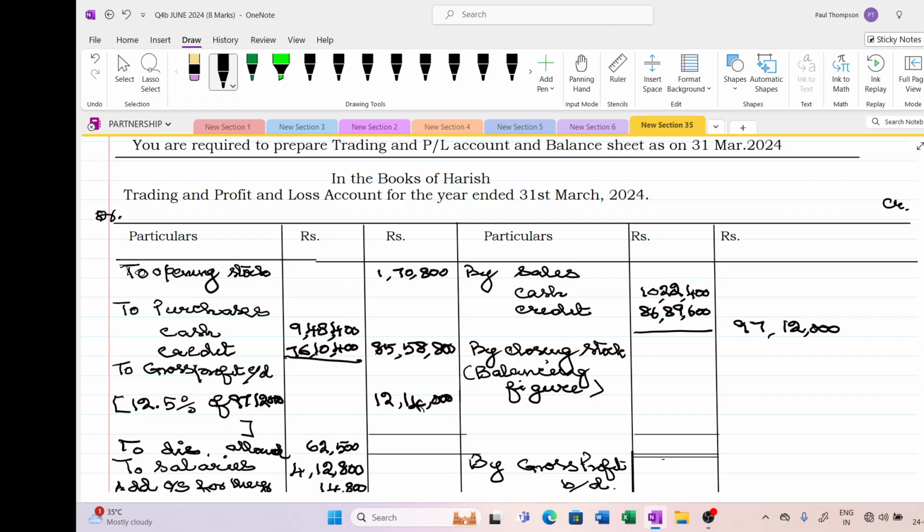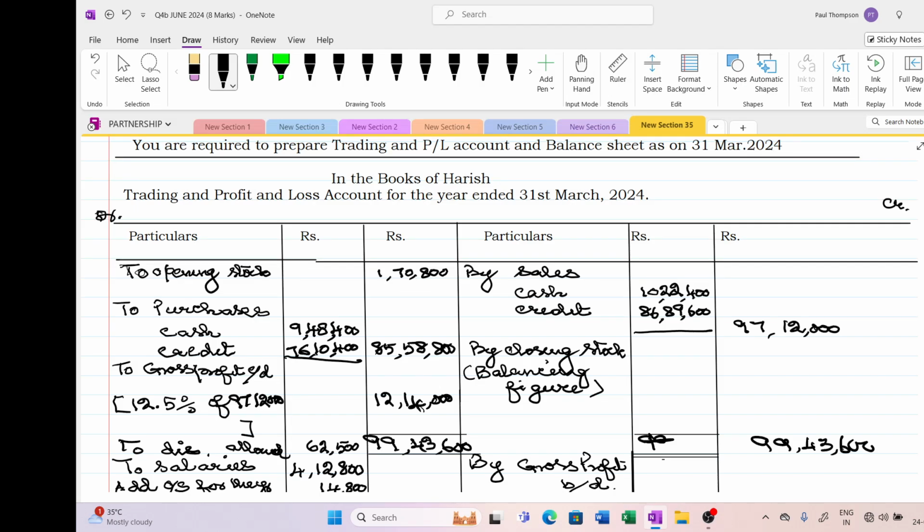Okay. So 12 lakh 14,000. So the total comes to 99,43,600.